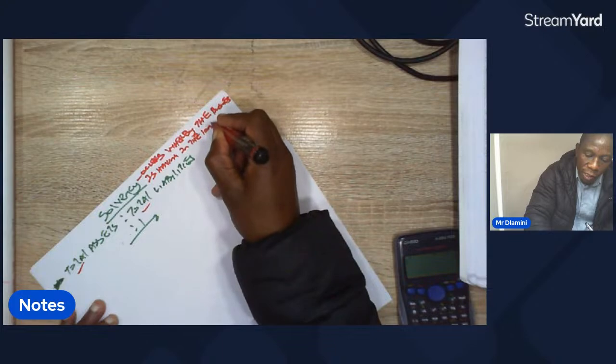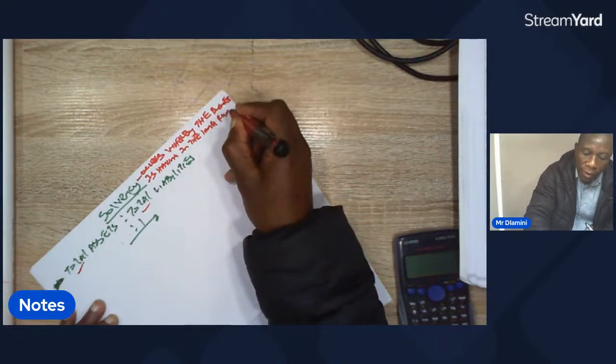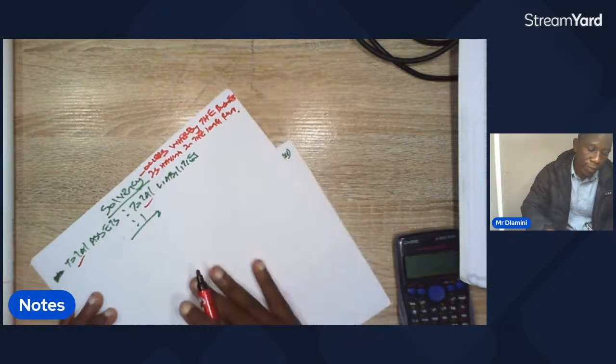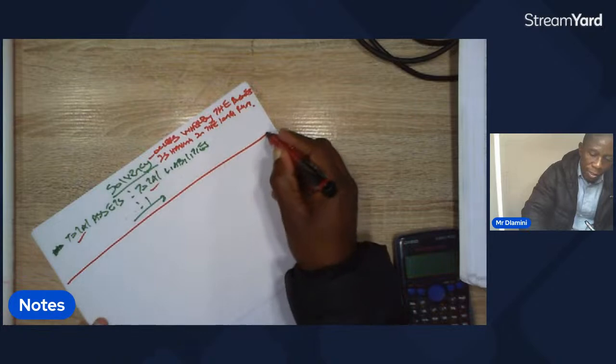You can get this question in multiple choice: insolvency is in the long run. Illiquidity occurs whereby the business is having a problem in the short run. So this is the ratio. You are done now with solvency.